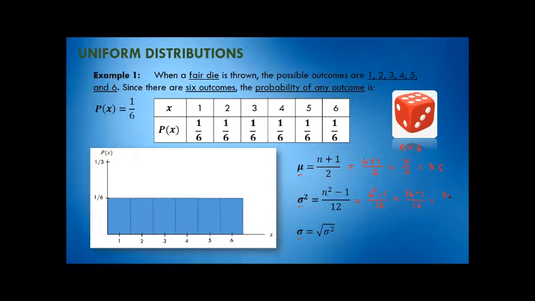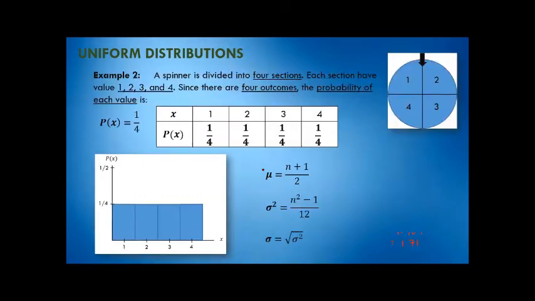This is 35/12, or in decimal, 2.9167. And then, the standard deviation is the square root of the variance. So, square root of 2.9167 is 1.7078 or 1.71.